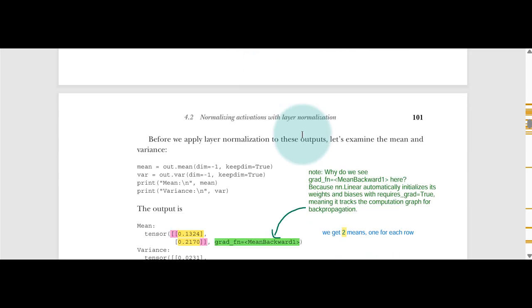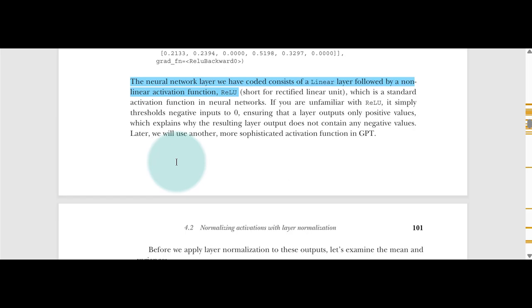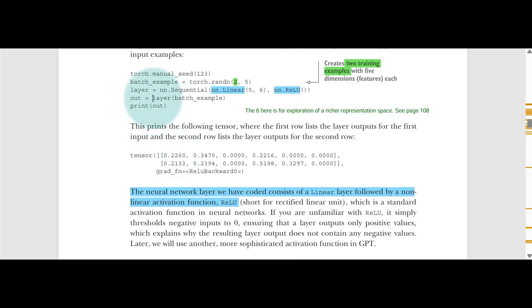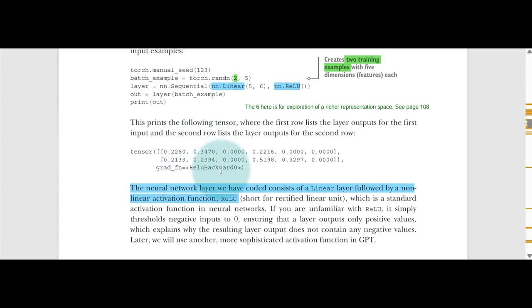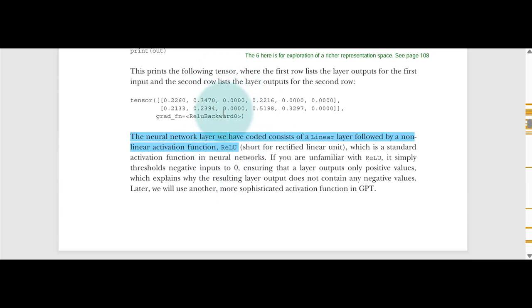Okay, now he's going to do his own manual normalization. Let's see if he does what I said. So he's going to take out, which is what we got when this is out. And so he's going to work with this thing. And now, we want to normalize it.